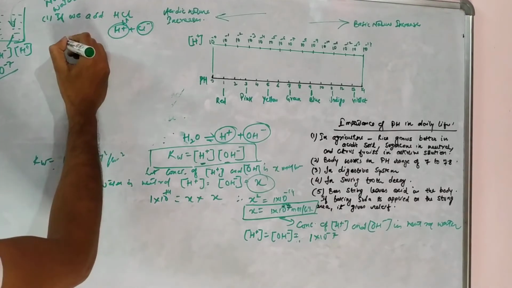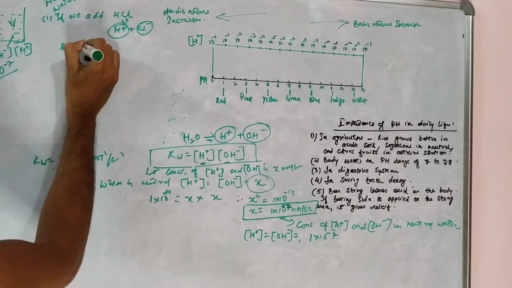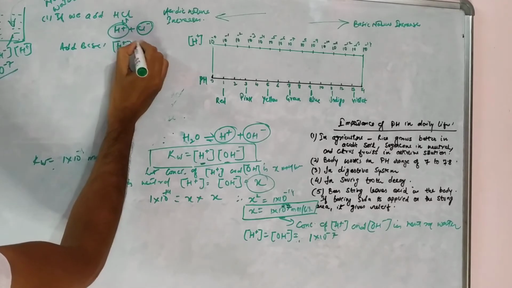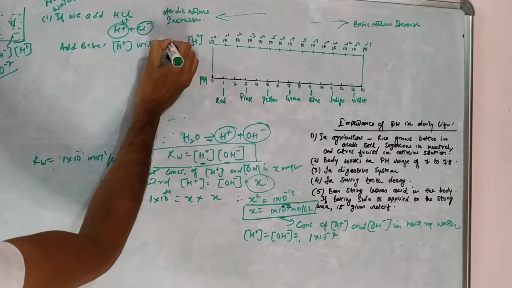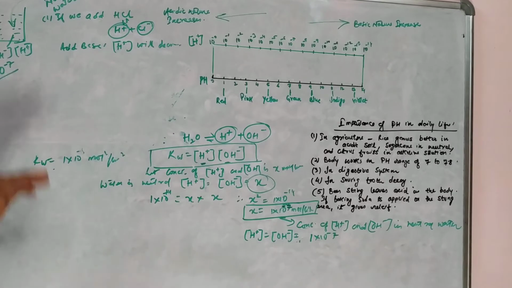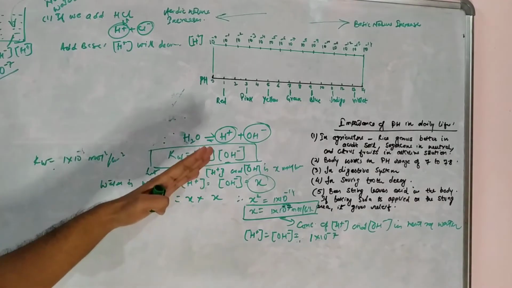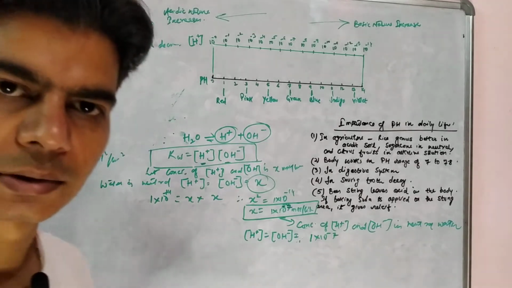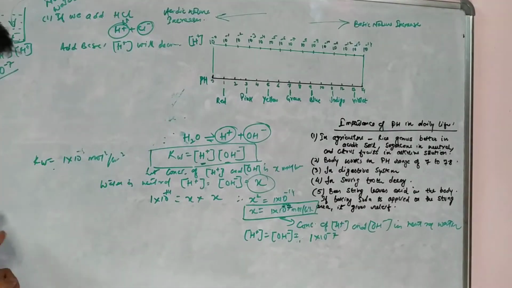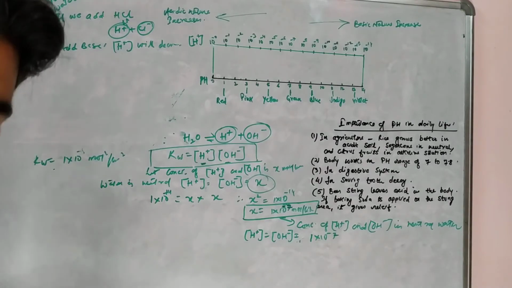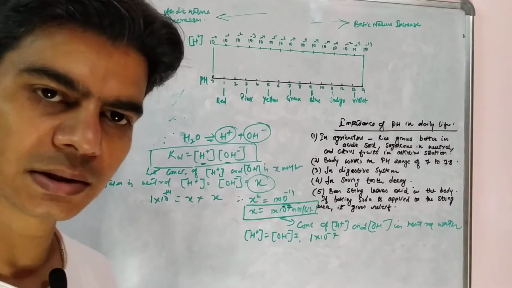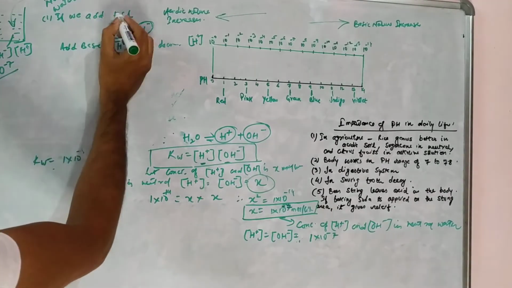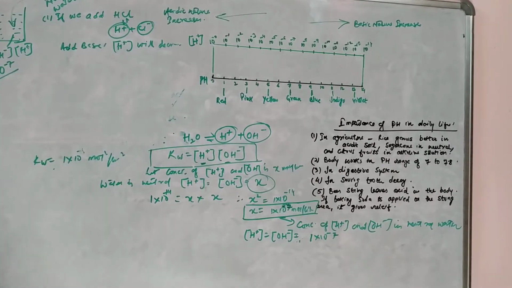Similarly, if you add base to neutral water, hydrogen ion concentration will decrease. Since we would be doing the pH scale, we would be talking in terms of hydrogen ions, because pH is potence of hydrogen. So the pH scale is in terms of hydrogen ion concentration. If we add acid, hydrogen ion concentration will increase.